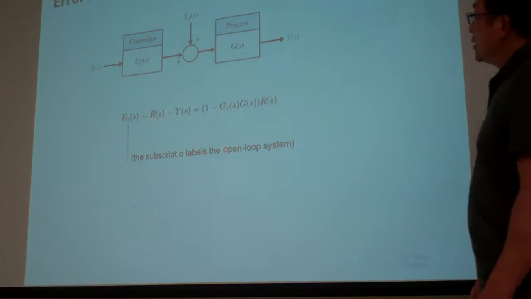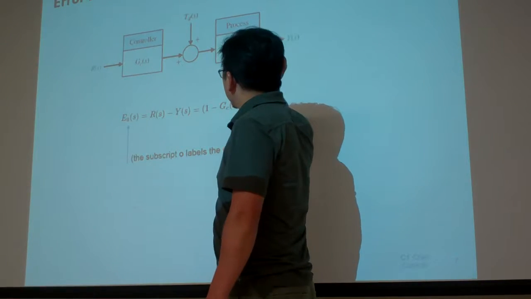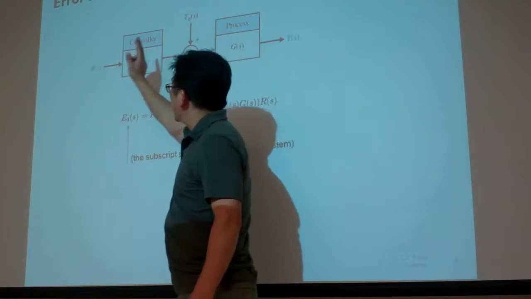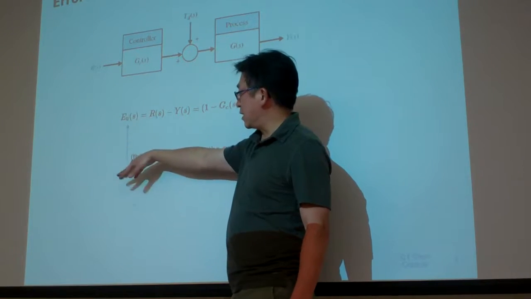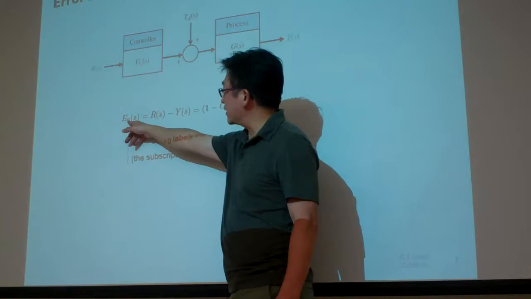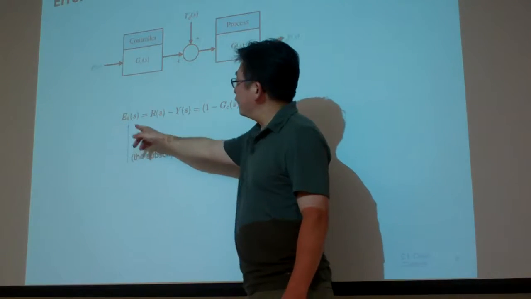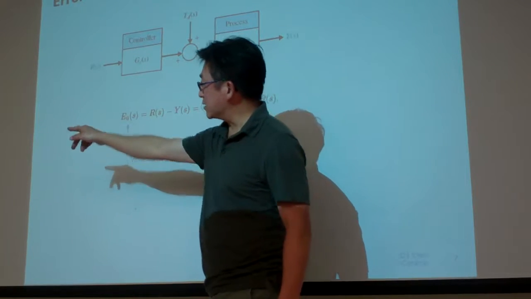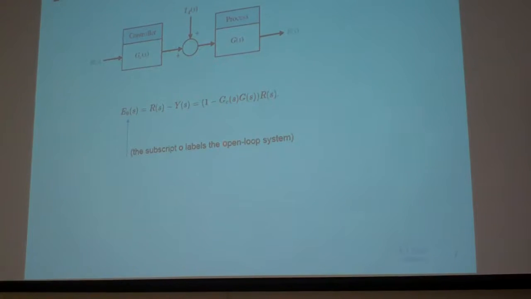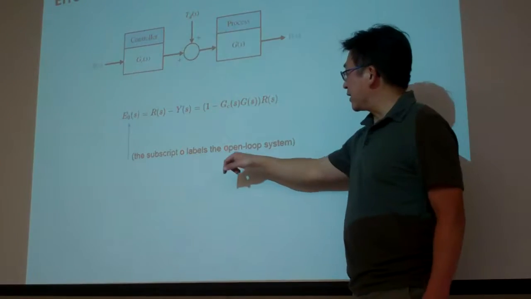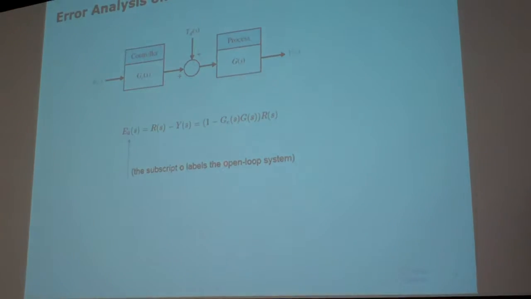Here this is the open loop system, with output and input. In our textbook and slides, I will use an O again to denote the open loop system, and C to denote the closed loop system, just like we exercised.